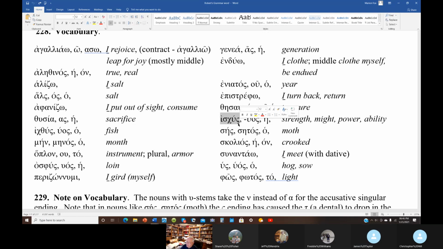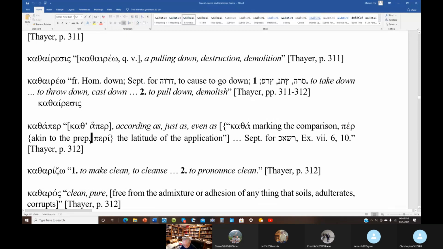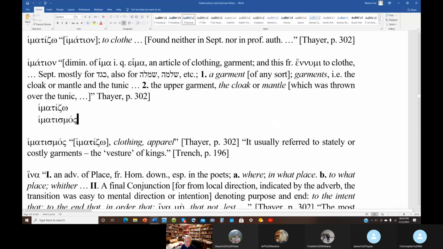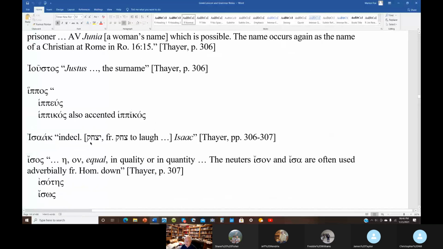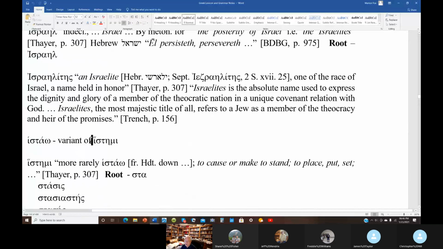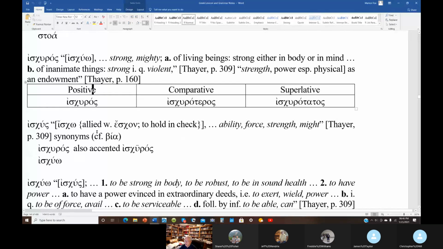Well, do you have Thayer? Yes. I'll tell you what, Thayer lists them. And let me go over here. I may have it in this file here. Okay. So let's go back to ischus. It's about right here. Now, synonyms see bia. All right.